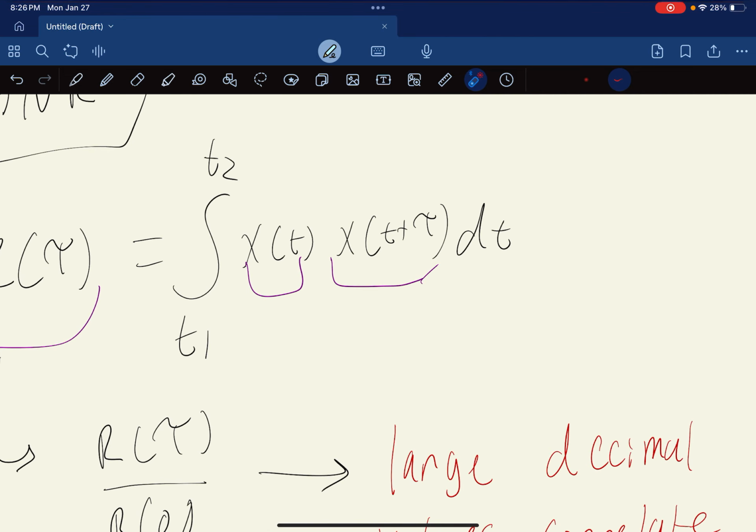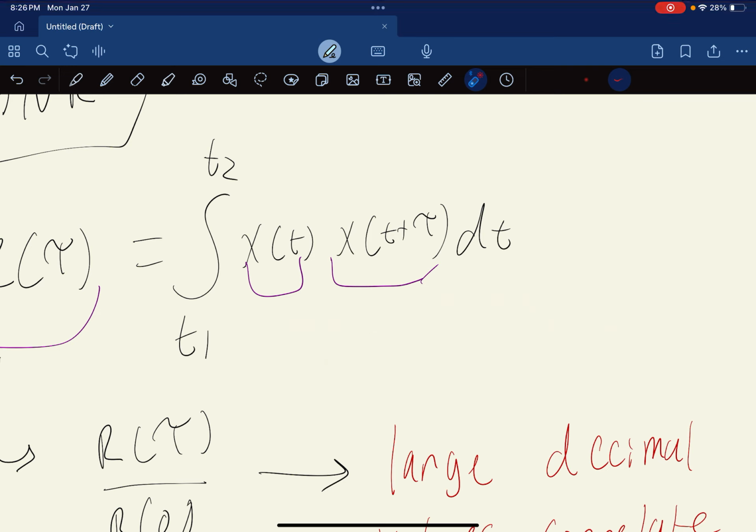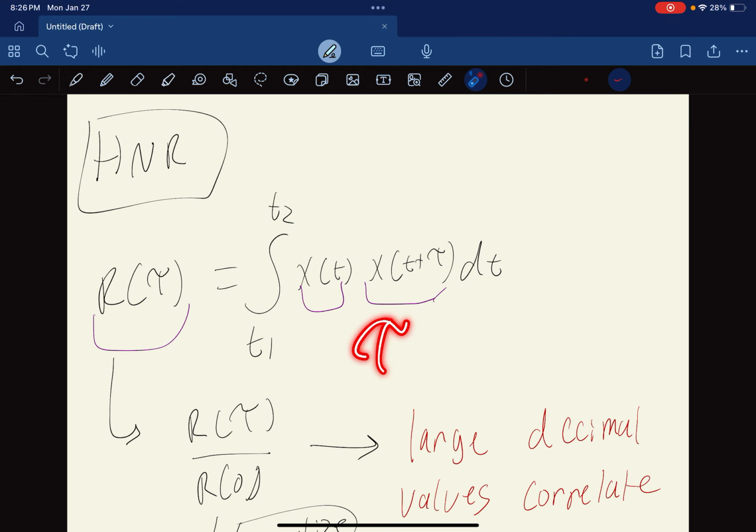Real quick, I also wanted to mention that when you take a dot product of a function like this, what you're also really evaluating is periodicity. If r of tau is particularly low at a particular value of tau, what that implies is that this dot product is very low.